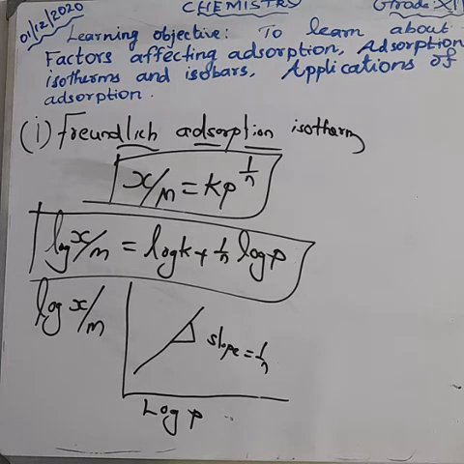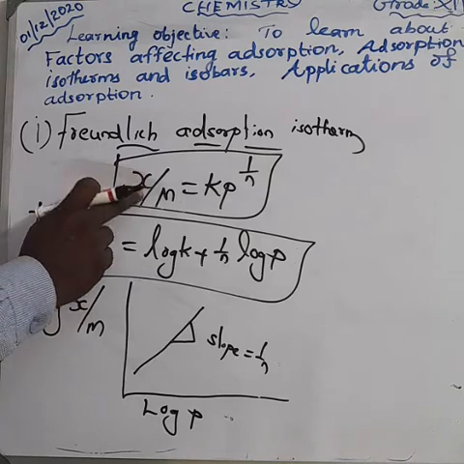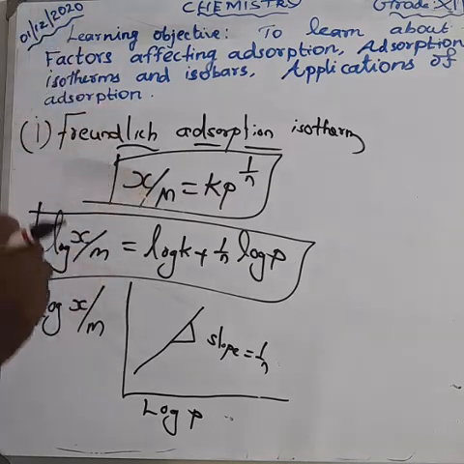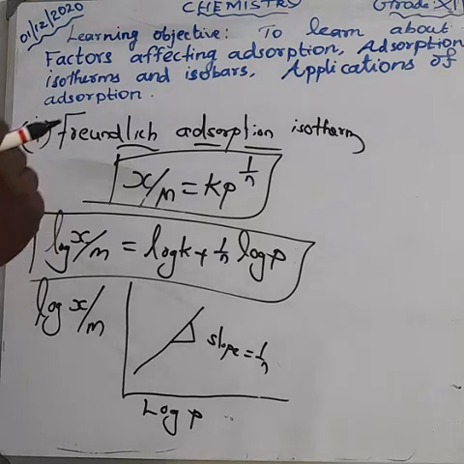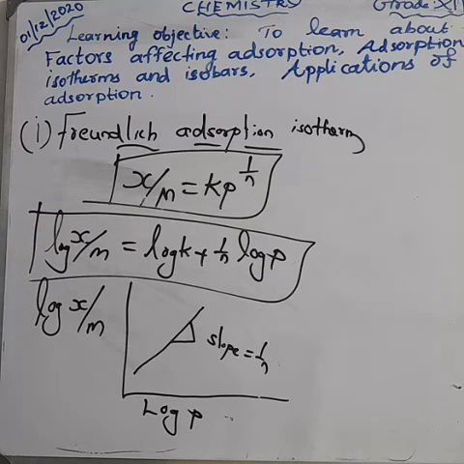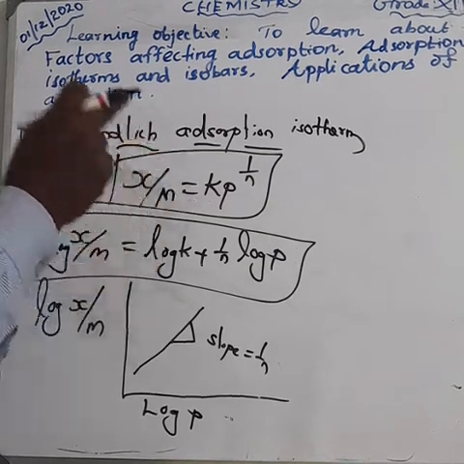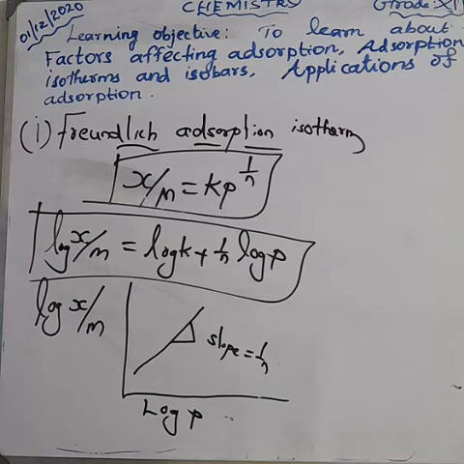This equation is purely empirical and valid over a limited pressure range only. The values of k and n also vary with temperature. There is no theoretical explanation given. These are some limitations, and sometimes this question may be asked.